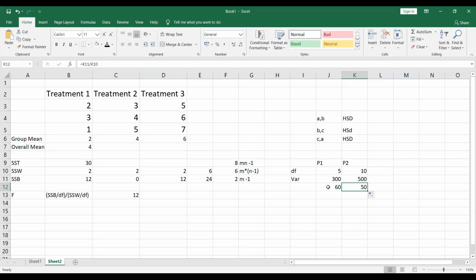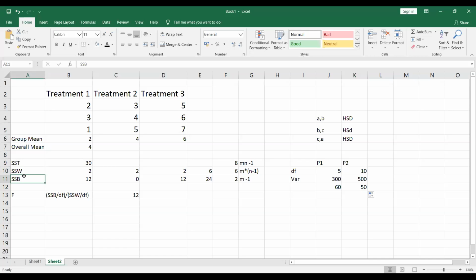Okay. Now you have understood why I need to divide by degree of freedom. The same thing I want to do over here.